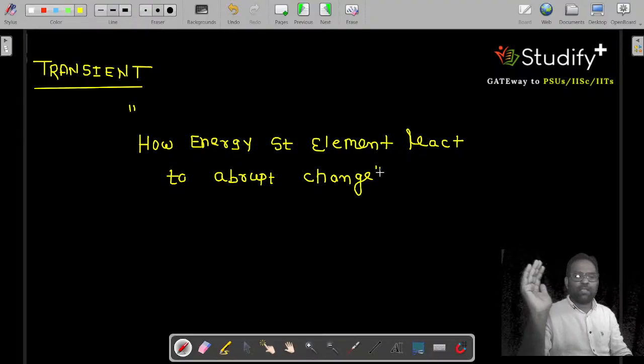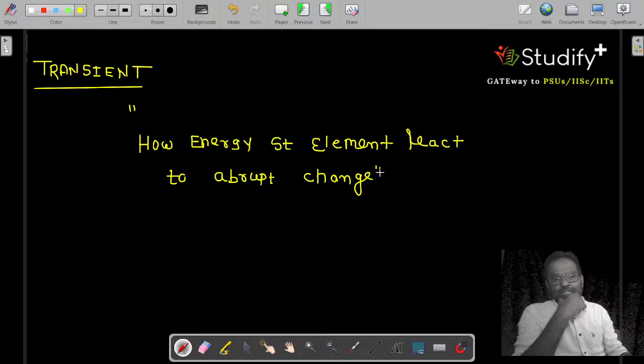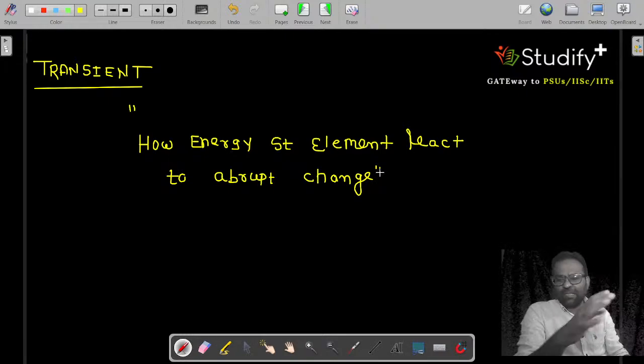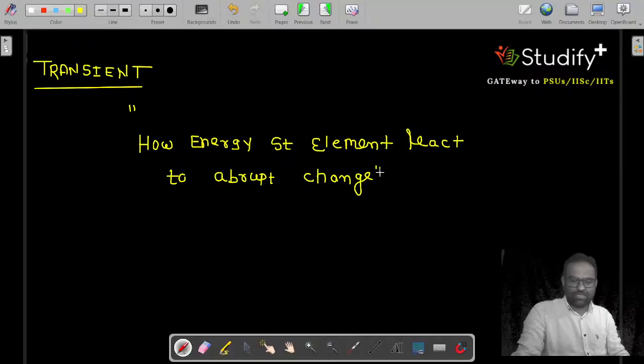So we can define this analysis in two parts. The first one is transient, and after that we will have the steady state response.